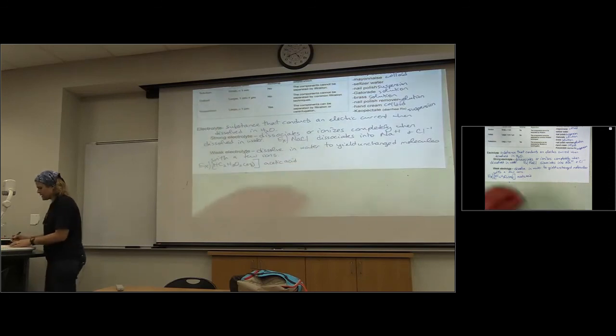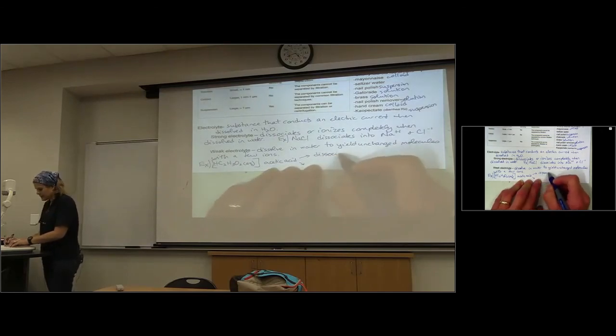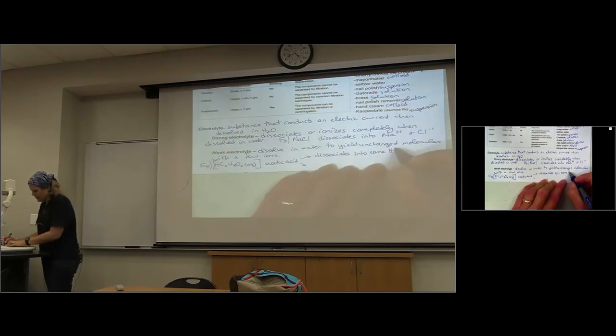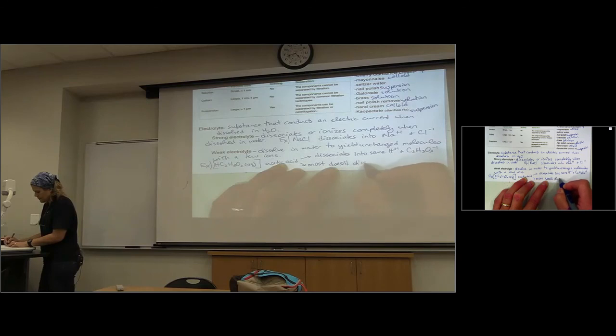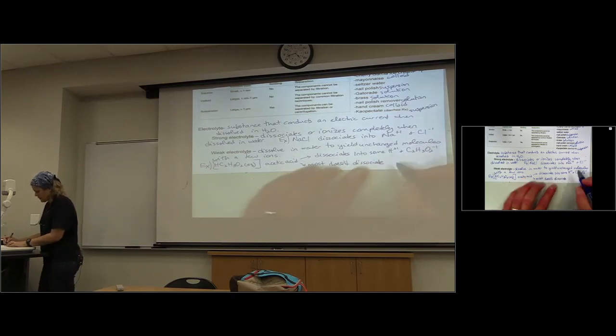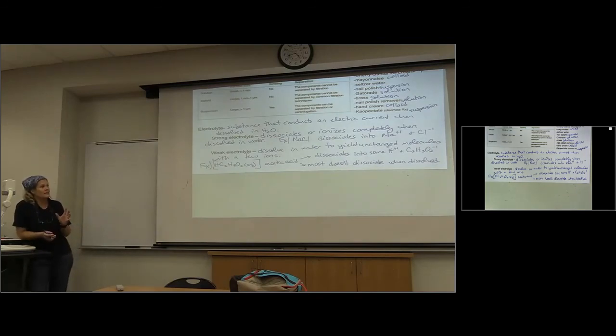That's the formula for acetic acid. Acetic acid dissociates into some hydrogen ion and acetate ion. But most doesn't dissociate when dissolved, meaning it stays just like that. So you do get some ions, but most of it stays as the acetic acid molecule.